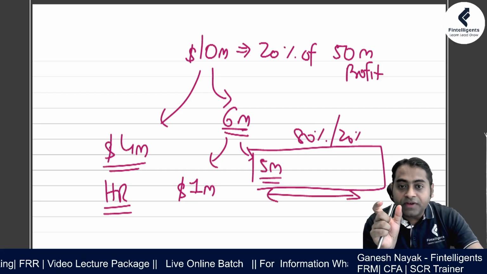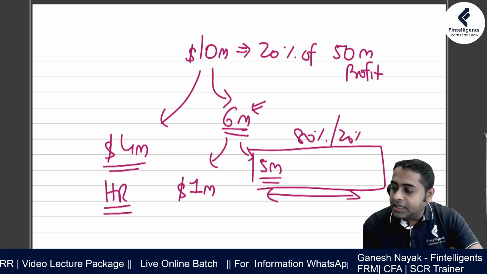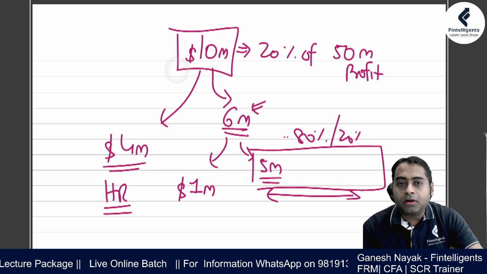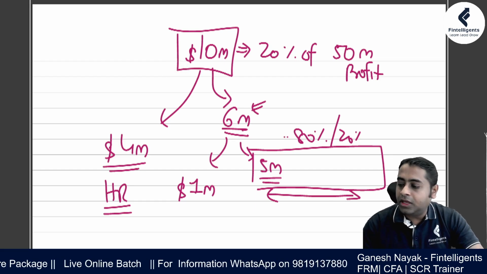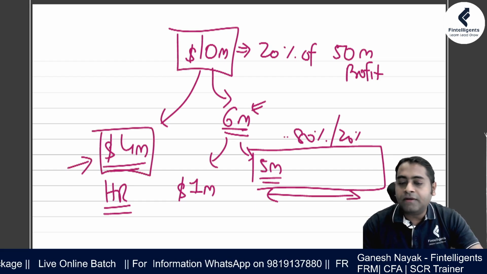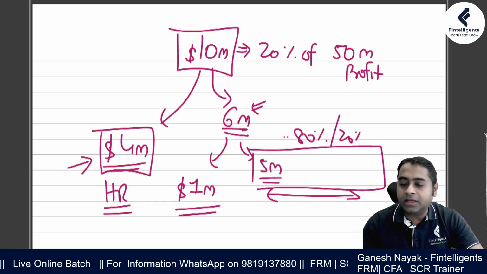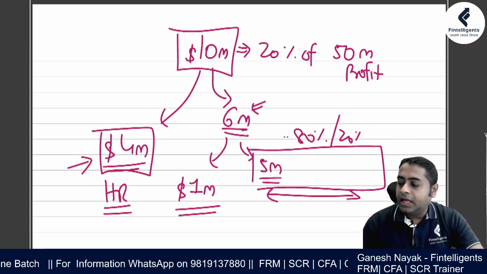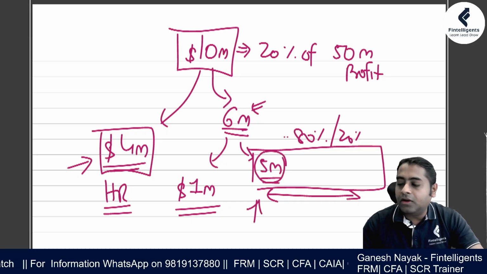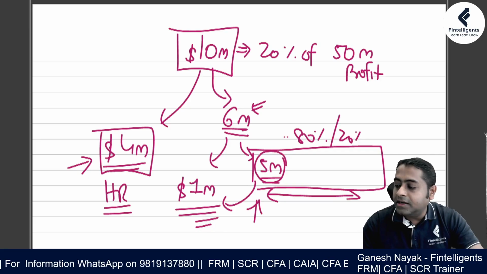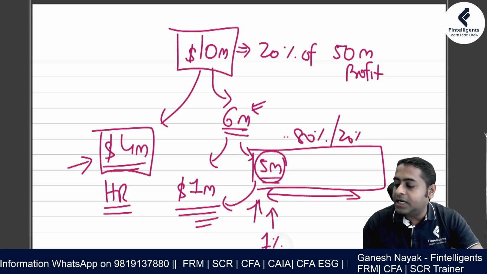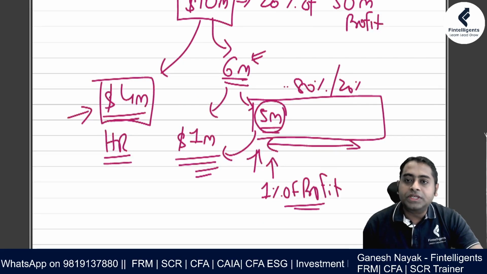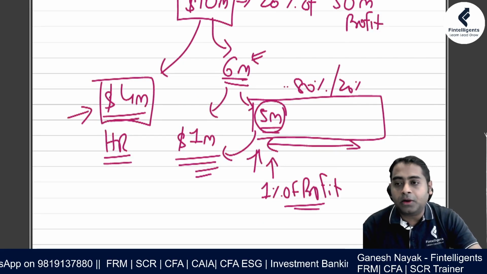So the initial $5 million in this is going to the LP. They are looking at the overall $10 million, and they realize that if I have already paid $4 million, I have to give something. The remaining part is $5 million, and I've taken 20% of that. Generally, this is calculated as 1% of the profit, which is 1% of the $50 million.